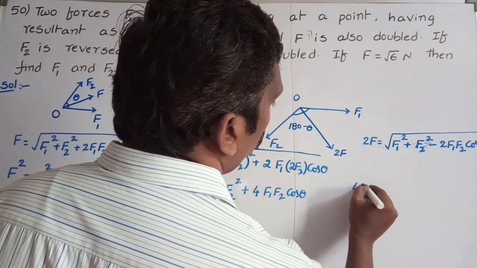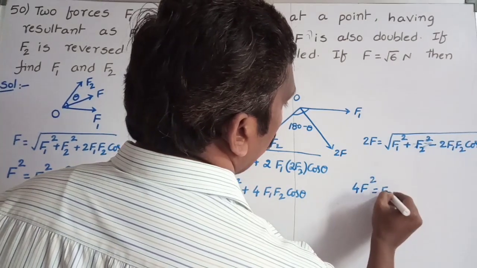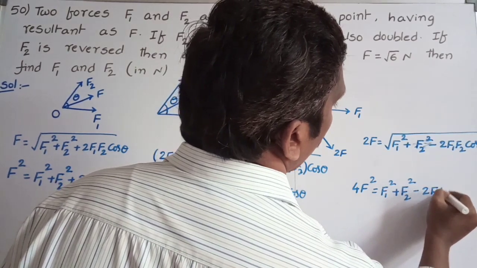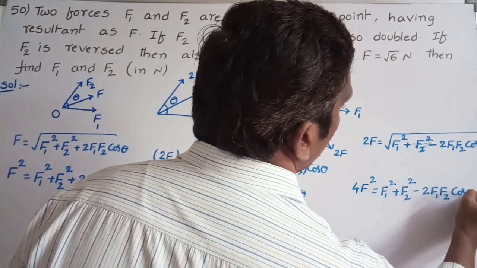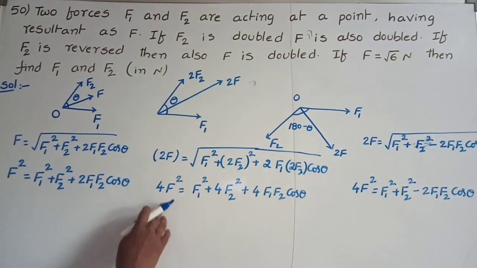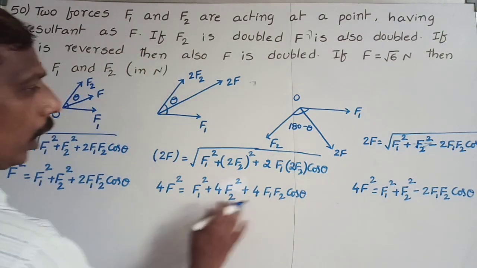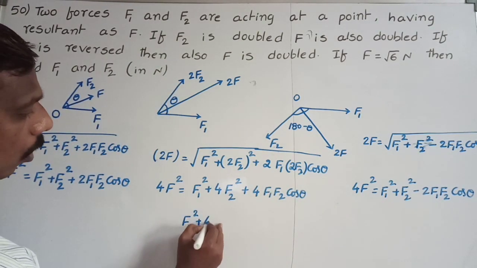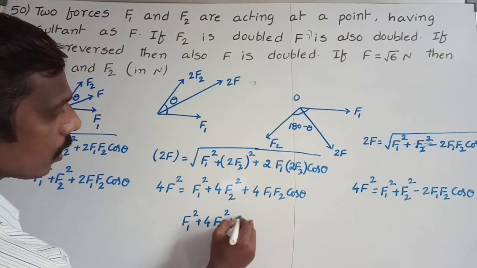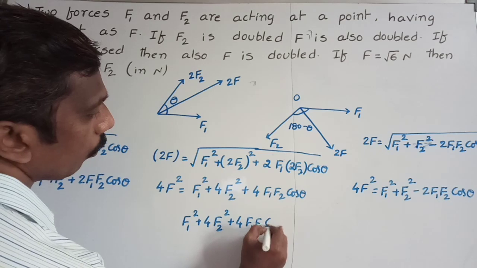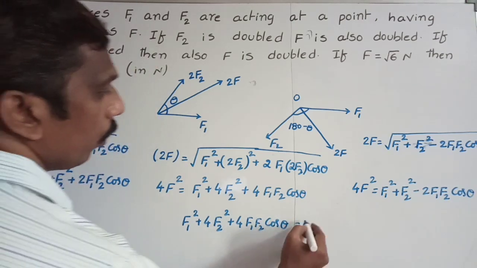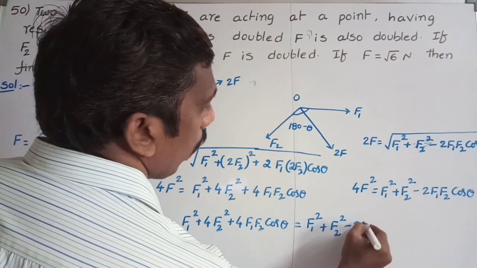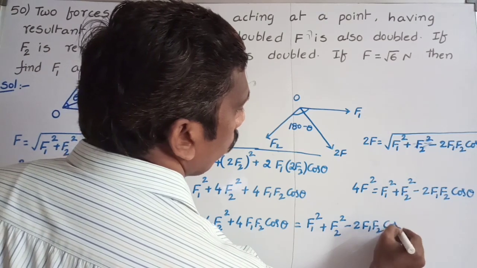In this, 4F square is equal to F1 square plus F2 square minus 2F1 F2 into cos theta. If you observe, here 4F square is there in both. Equate these two equations, then we get F1 square plus 4F2 square plus 4F1 F2 cos theta is equal to F1 square plus F2 square minus 2F1 F2 cos theta.